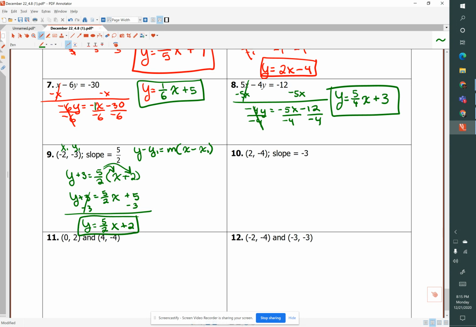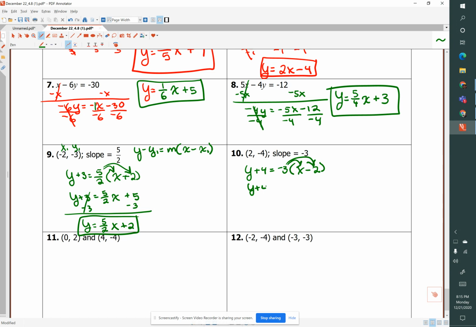And number 10, we are given the point 2, -4 with a slope of -3. So using the point slope equation, we have y minus -4, which is y plus 4, equals -3 times the quantity of x minus 2. And we distribute.